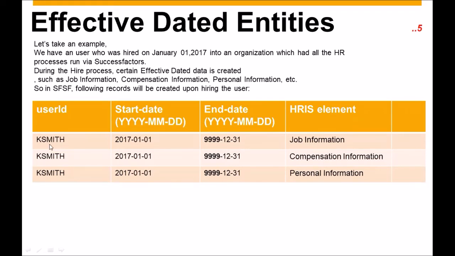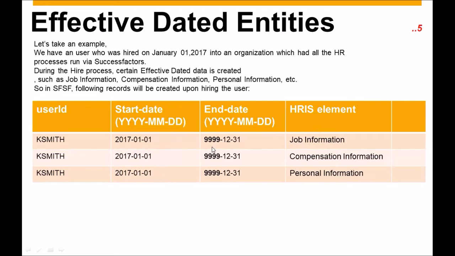So we have an example. The user ID was, let's say, K Smith, and since the hire date is January 1, 2017, and we are making the entry of this user in the system, the start date is 01 January 2017.